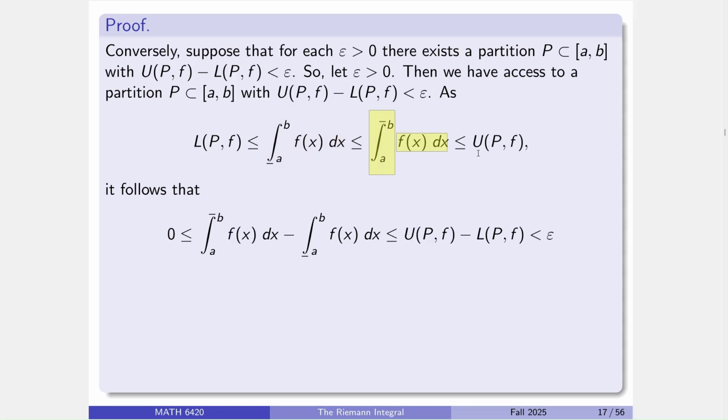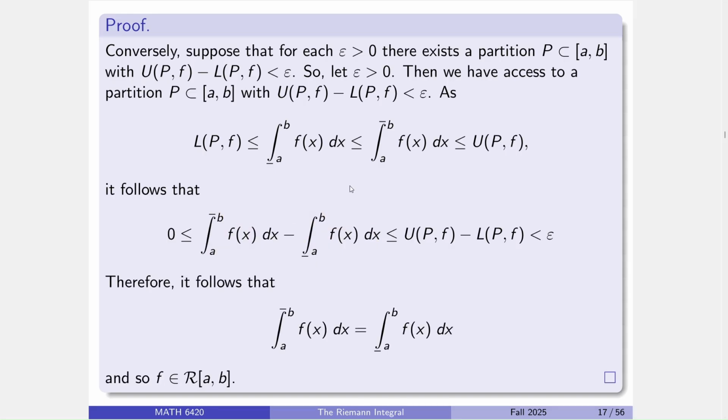This inf is less than or equal to the upper Darboux sum, which is the infimum of the upper sums, so we know we've got that. So the difference of these is greater than or equal to 0, and bounded above by the difference of these, and those are arbitrarily small, which means that these things have to be arbitrarily close. In other words, they have to equal each other, and thus we're integrable.